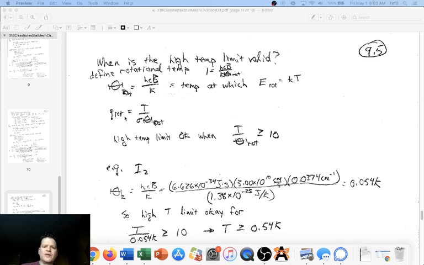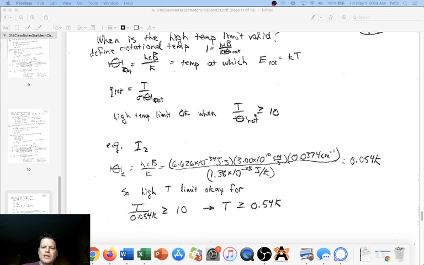So then the Q rotation, in this high temperature limit, would be T divided by sigma theta rotation. And the high temperature limit would be when this ratio is greater than or equal to 10. That's just really a rule of thumb. That's when you can go from the sum to the integral.